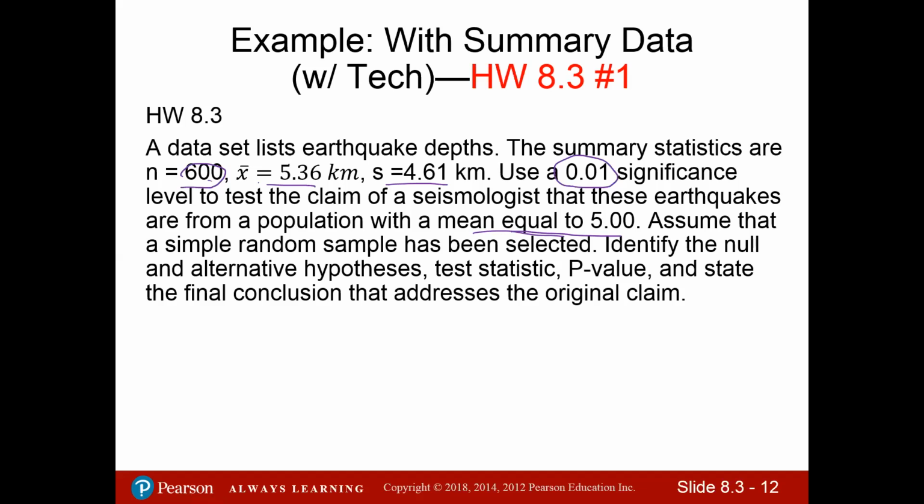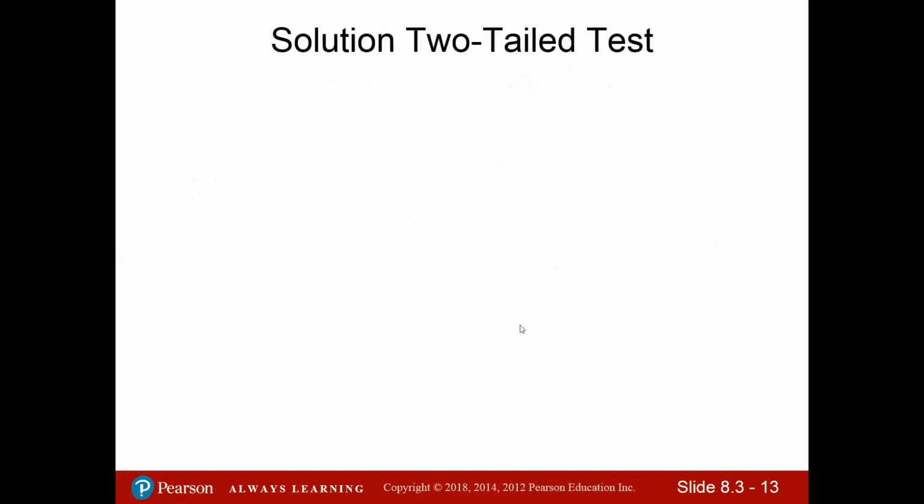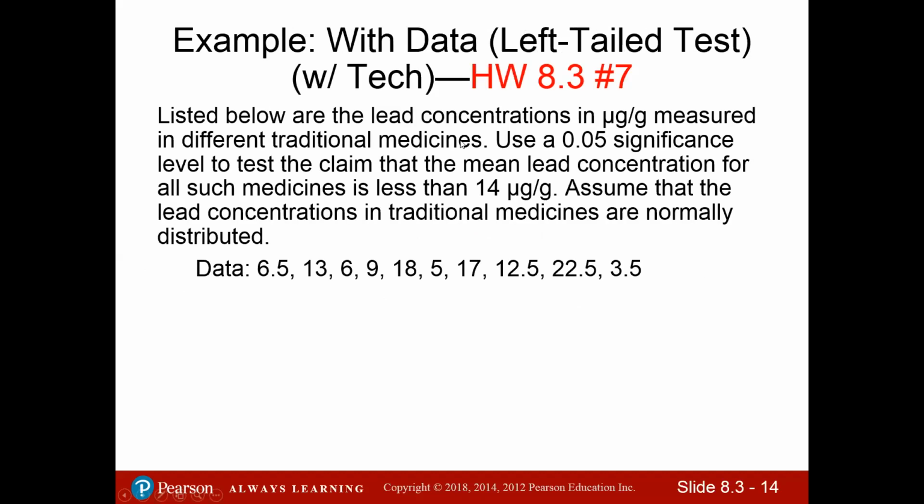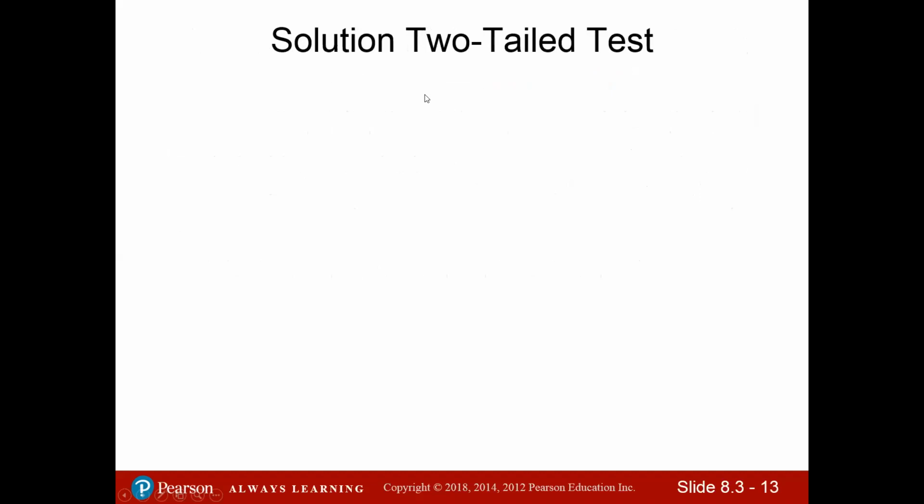Okay, so now let's find a two-tail. I'm going to use this one. I'll do only the p-value approach or method.